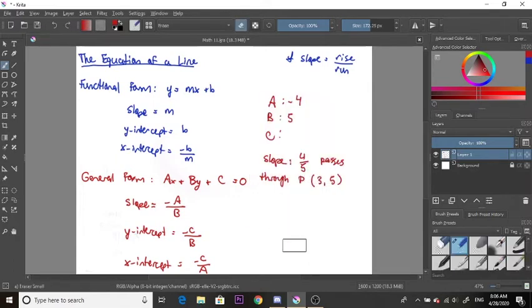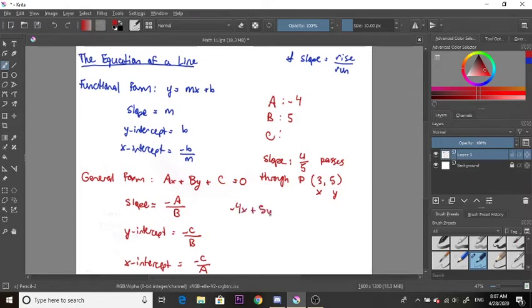I'll just erase this because the next step, we need to find what our c is. Now we don't have our y or x intercept to find what our c is, but we do have this point that it passes through. So what we're going to do is put these into the formula, replacing the a and the b. Then we're going to take the x value, put it where the x is, and our y value and put it where the y value is. And then we're going to solve for c that way. So it'll be negative 4x plus 5y plus c is equal to 0.